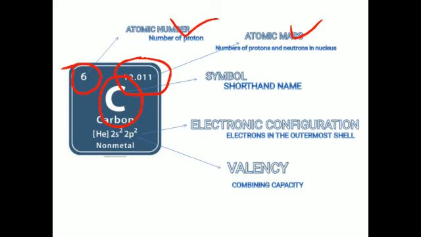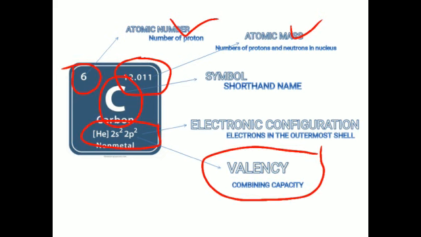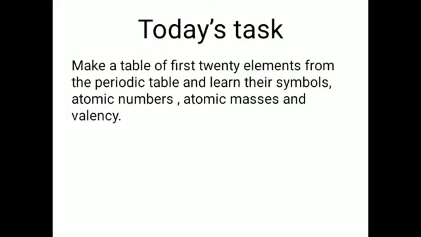Mostly one capital letter is used as a symbol for elements, and sometimes the first letter is capital and the second following letter is a smaller one. Now you see these numbers are showing the electronic configuration. Electronic configuration is basically the distribution of electrons in the shells, the outermost shell of which is helpful in predicting the valency or the combining capacity of each element.